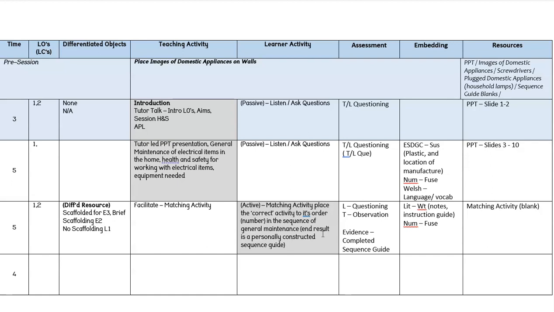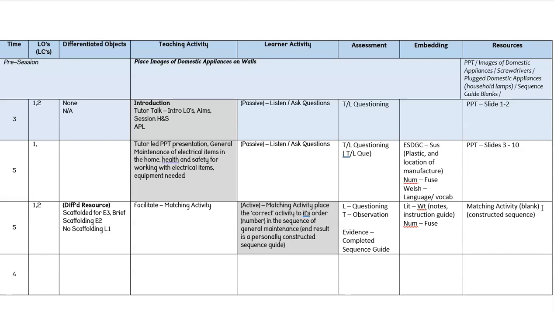So they're putting number 1 to the right step, number 2 to the right step, etc. And then when it's finished, that actually becomes the sequence guide. So they're going to create their own template for how they do it.